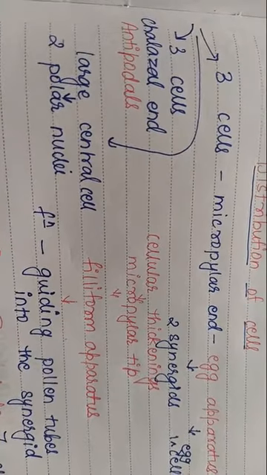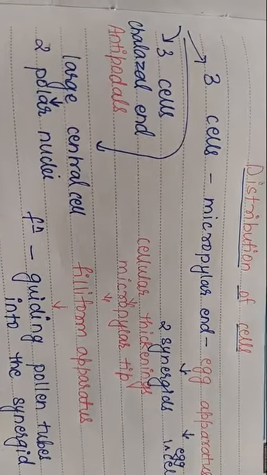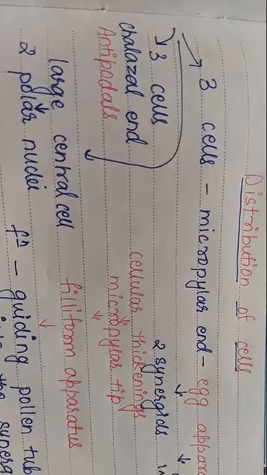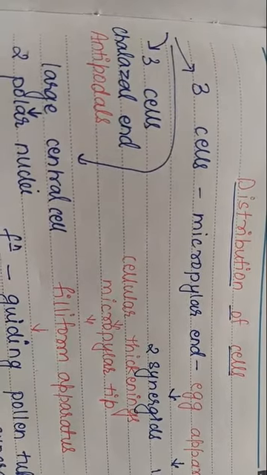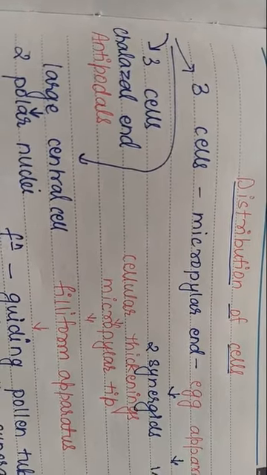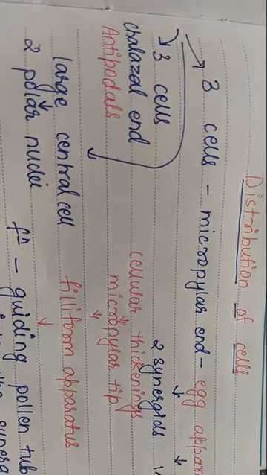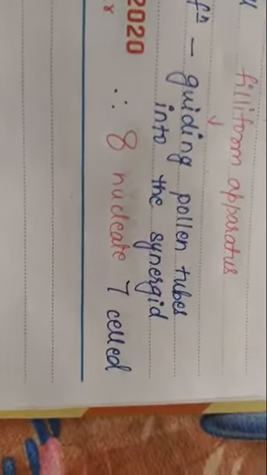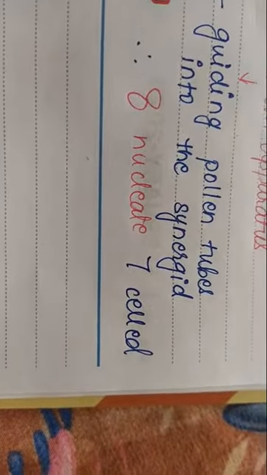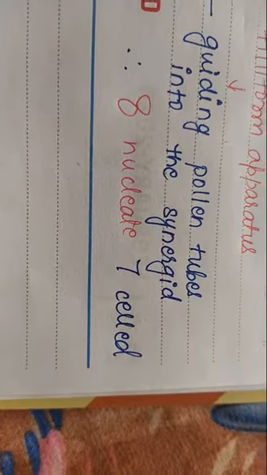So that is about 3 cells at the micropylar end. Now coming to the 3 cells at the chalazal end. They will form antipodal cells, and one large central cell will have 2 polar nuclei. So what kind of structure do we have now? We have an 8 nucleate and 7 cell structure.